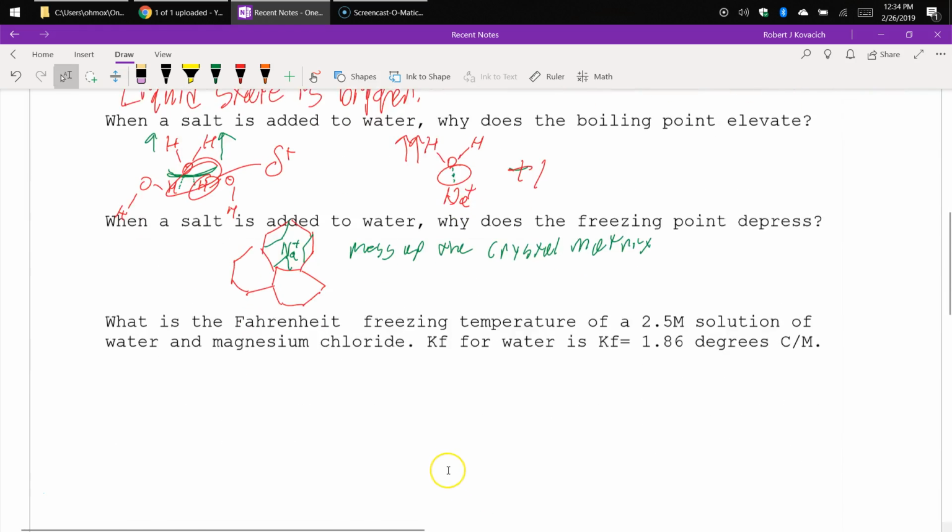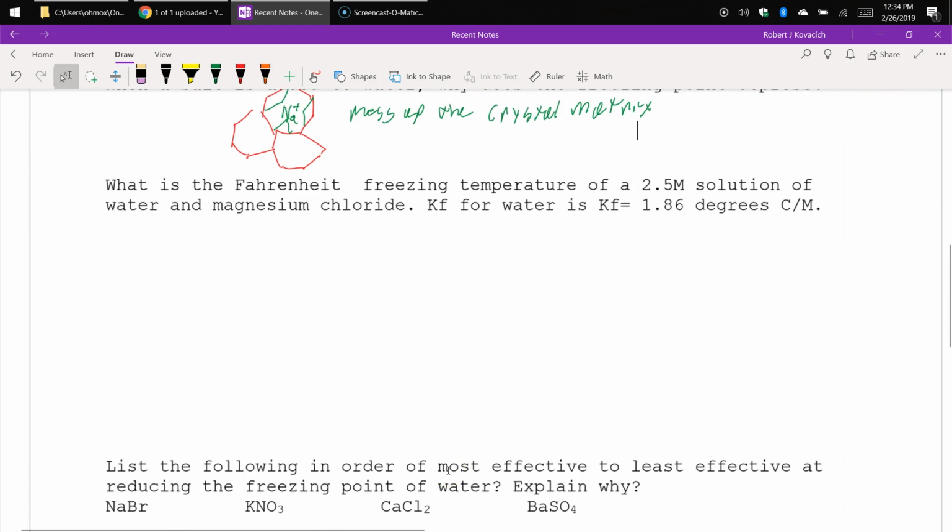What's the Fahrenheit freezing temperature of a 2.5 molar solution of magnesium chloride? So that equation, what are we doing? Freezing point. All right, so the temperature change of the freezing point is n Kf molarity.